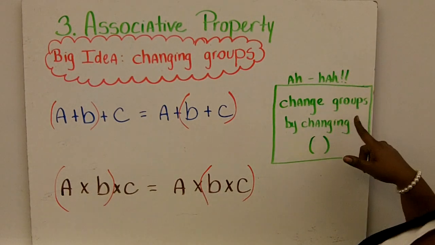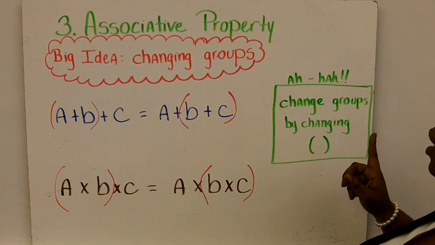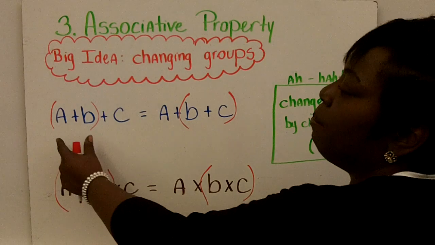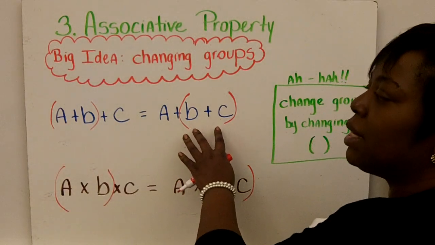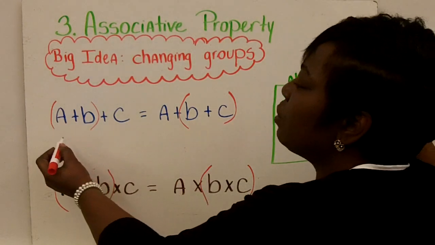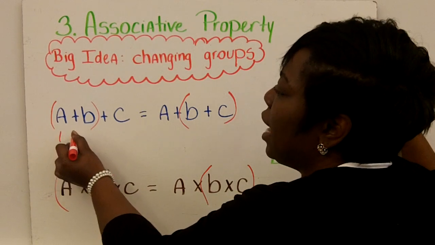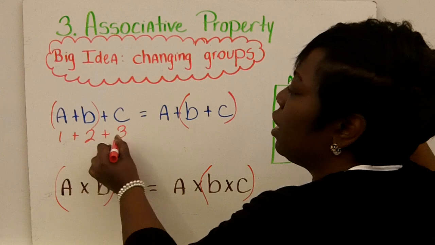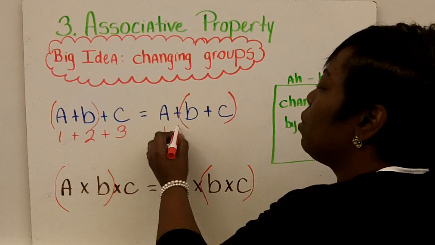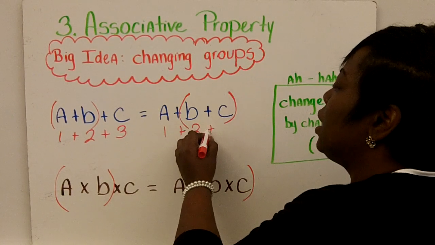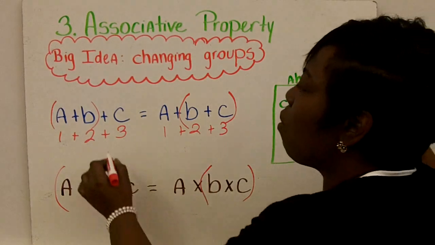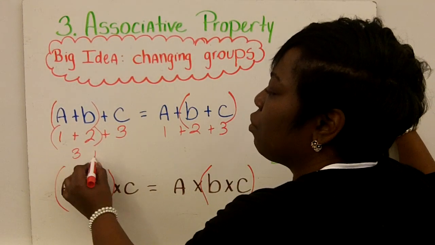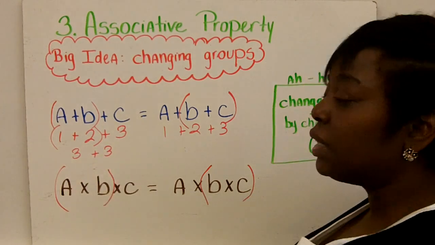So again, the big aha there is that with the associative property, you change groups by changing the parentheses. If you notice, A and B were in a group, then B and C were in a group. Let's substitute some values in. Let's say A is 1, B is 2, and C is 3. If we follow our order of operations, we would add 1 plus 2 first to get 3 plus 3, which we all know is 6.